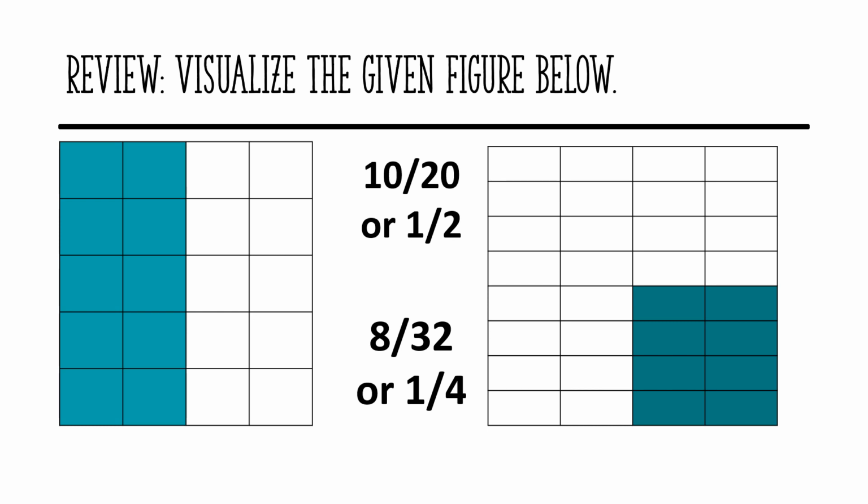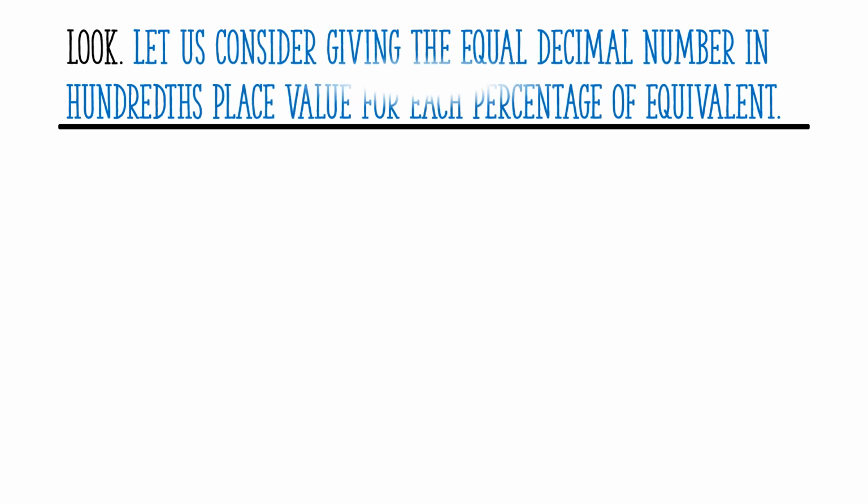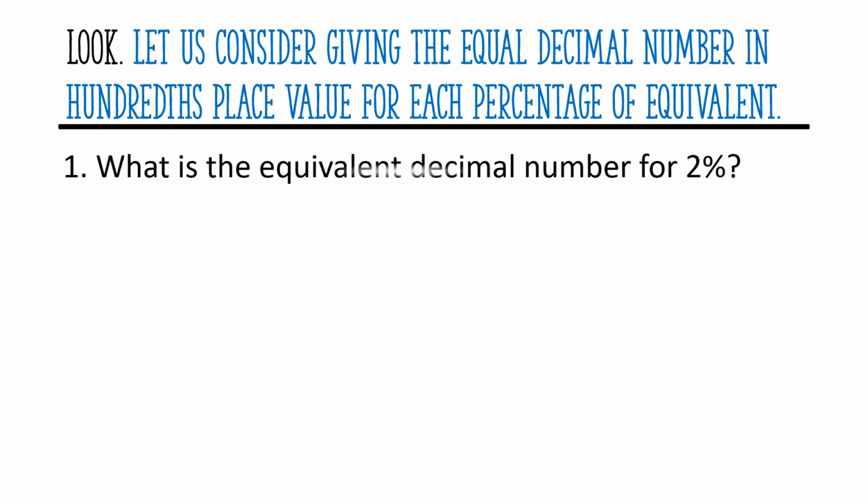Good job, everyone. Look, let us consider giving the equivalent decimal number in hundredths place value for each percentage. Question number 1. What is the equivalent decimal number for 2%? And the answer is 0.02 or 2 hundredths. Number 2.